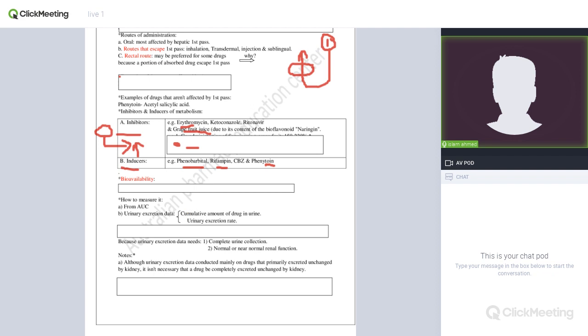Now, bioavailability is defined as the relative amount of drug that reaches the systemic circulation. How can we measure that? By the area under the curve or the urine excretion data.